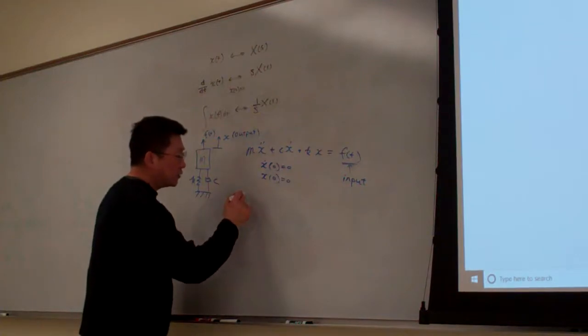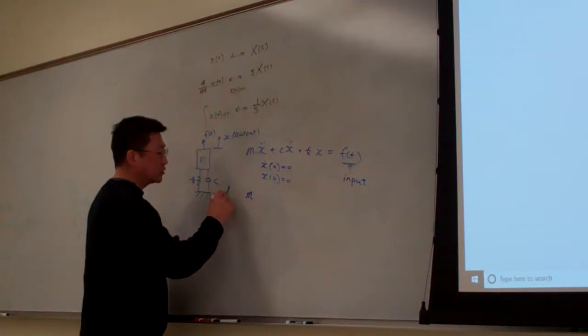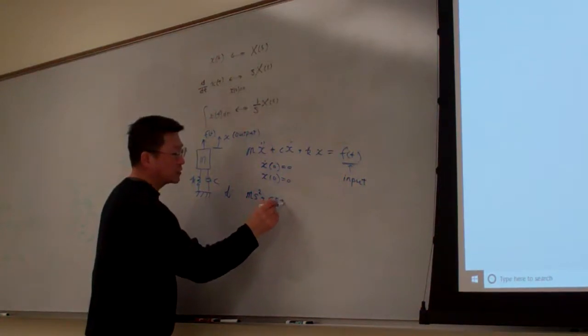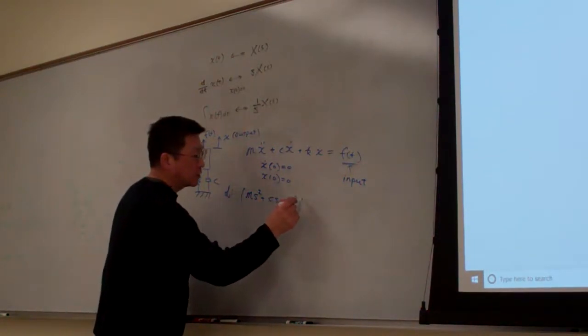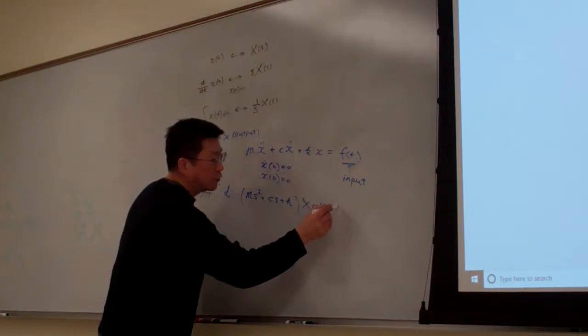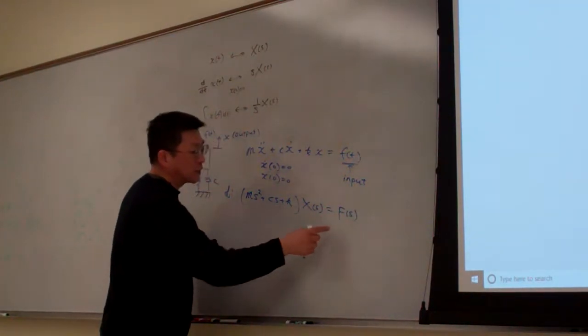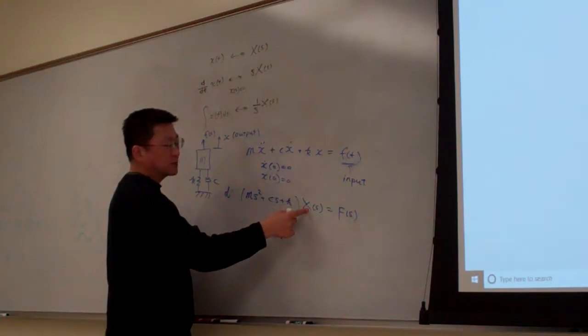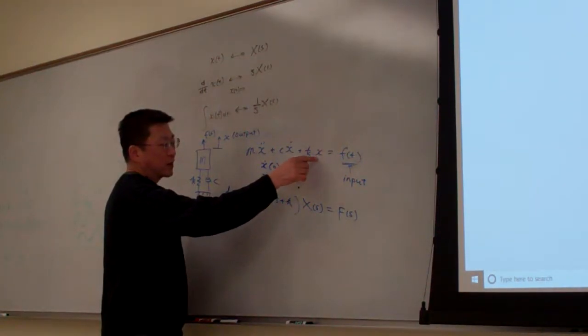For this case, we take the Laplace transform of the system: ms squared plus cs plus k, times capital X, equals F of s. F is the Laplace transform of f, and X is the Laplace transform of x of t.